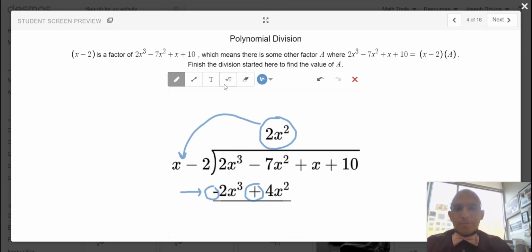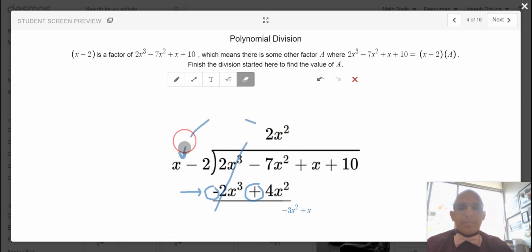All right, so as we can see, 2x cubed minus 2x cubed will become a 0, and negative 7 plus 4 will leave us with a negative 3x squared plus x. And then I would ask myself once again, what times x, because that's the lead term of our factor, would create a negative 3x squared.